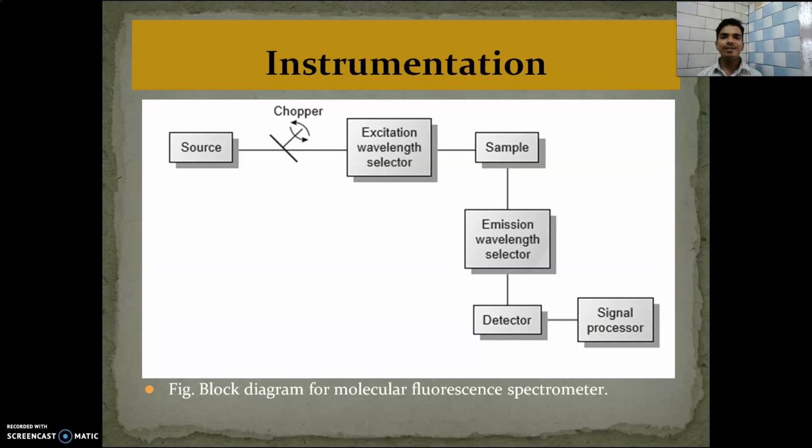So this is the block diagram for the molecular fluorescence spectrometer. First is the source, then a chopper to adjust the monochromatic light, and an excitation wavelength selector, then light is incident on the sample, then an emission wavelength selector. After that a detector detects the wavelength and intensity, and gives the signal to the processor, and we get the result.